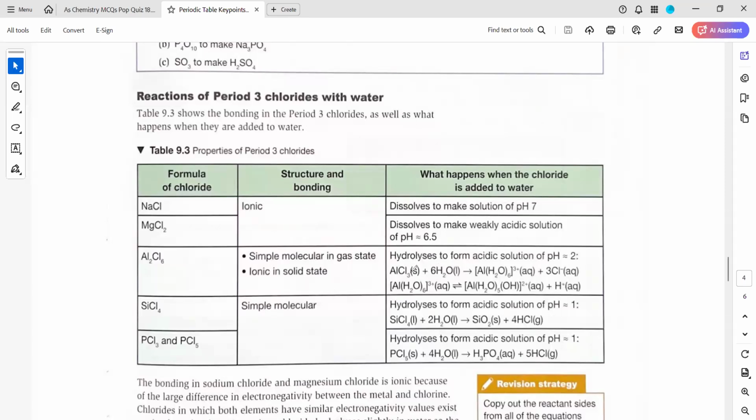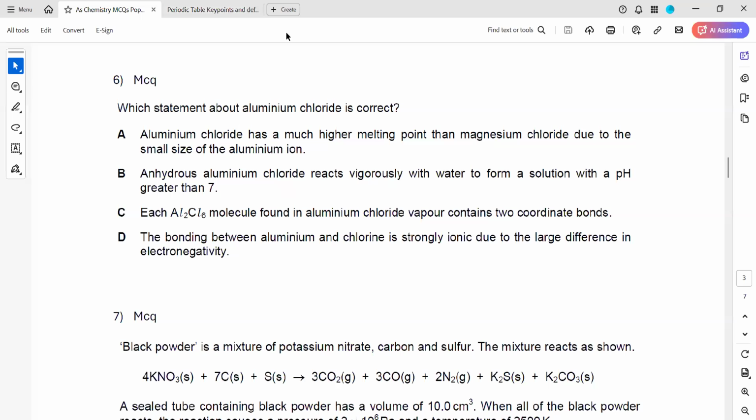This is how it's shown. But what actually happens is aluminium and chlorine are sharing electrons rather than transferring those electrons. So when you have Al2Cl6, the molecule contains the 2 coordinate bonds. Is it clear?